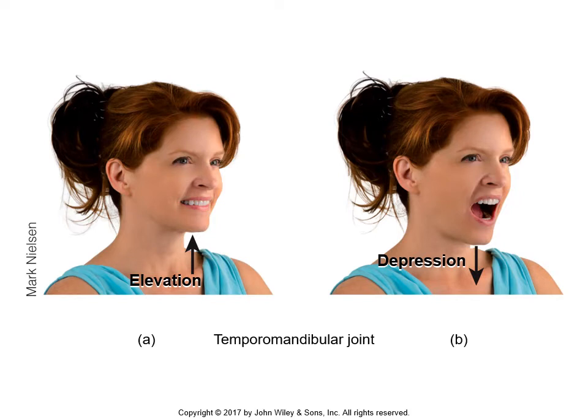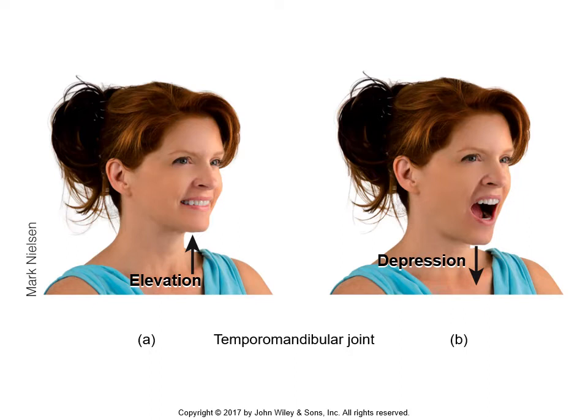And the same thing can happen, for instance, in the shoulder. We talk about the scapula, the trapezius muscle, the levator scapulae, attaching throughout the cervical spine and then down to the root of the scapula. The levator scapulae elevates the scapula, raises it up. Think about shrugging your shoulders.